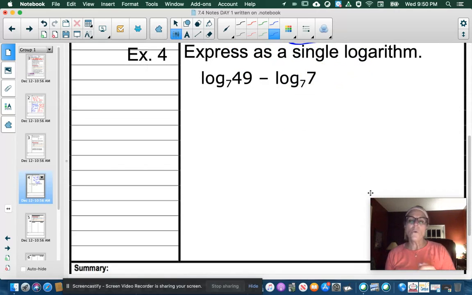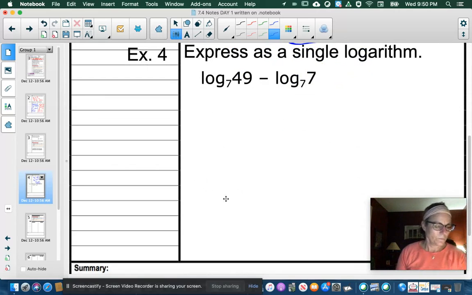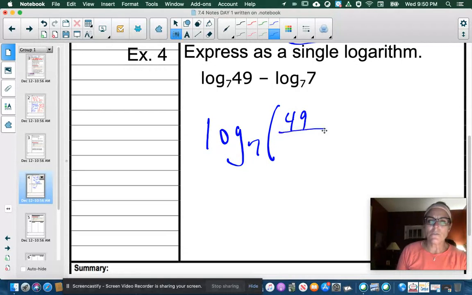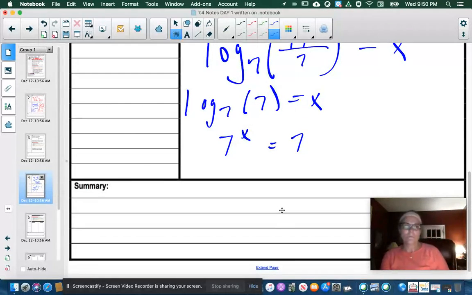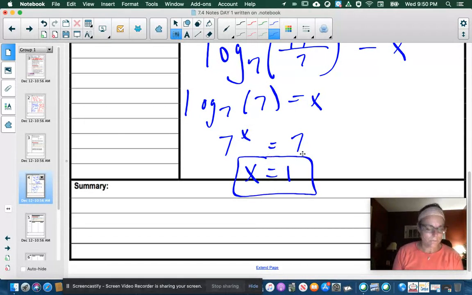And example 4. Log base 7, and you're subtracting, so we take 49 divided by 7. Change to exponential. 7 to what power equals 7? x is equal to 1.